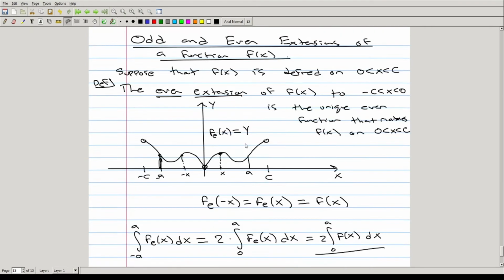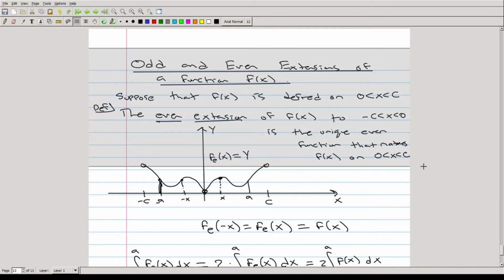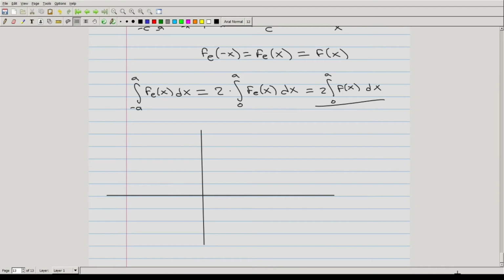Likewise, we have a corresponding definition of an odd function. And let's make some more space here so that we have a little bit more space.